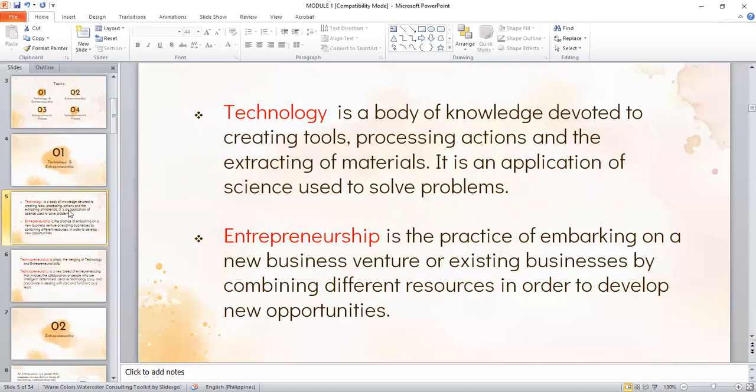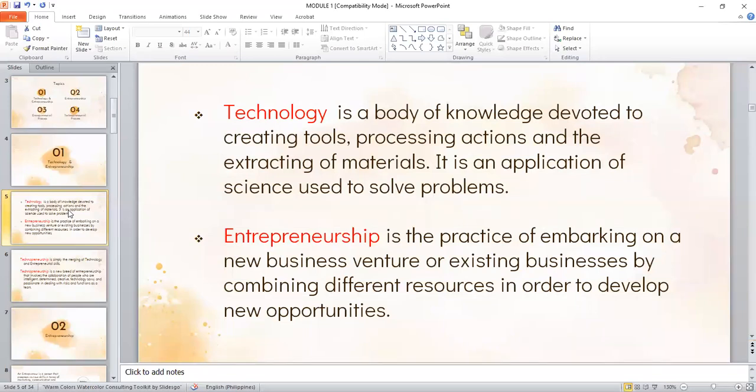Now, these opportunities may come in the form of new opportunities for just one person, or it could be an opportunity for a partnership, or it could be even an opportunity for a corporation. So as long as we take opportunities and embark on probable profits that are posed by these opportunities, then we are doing what we call entrepreneurship.